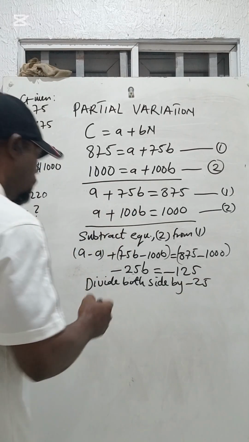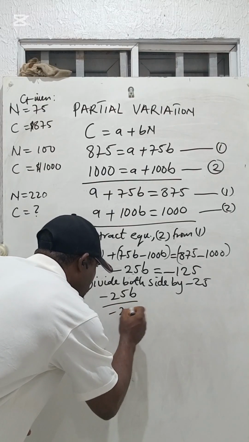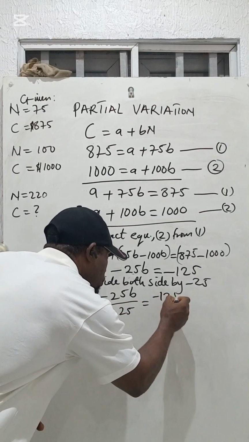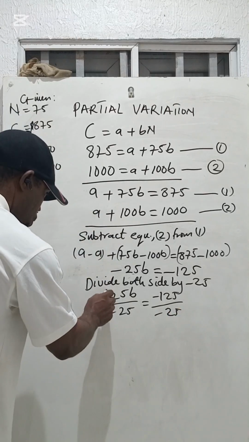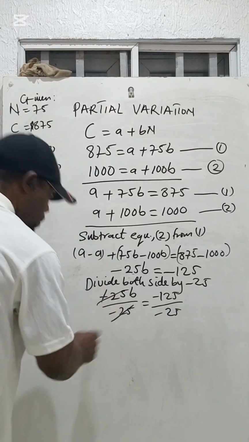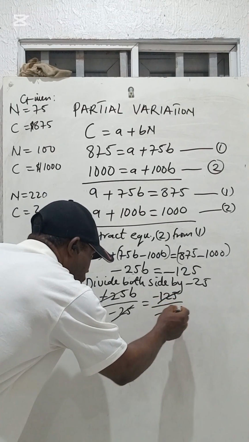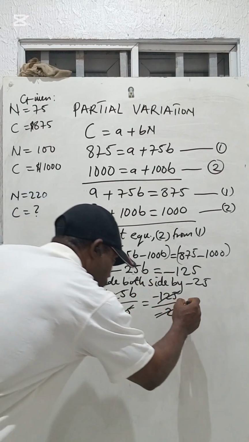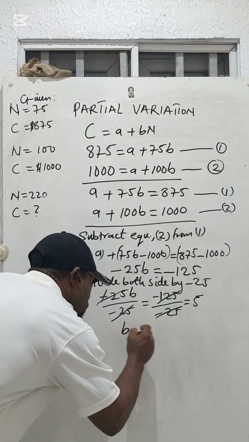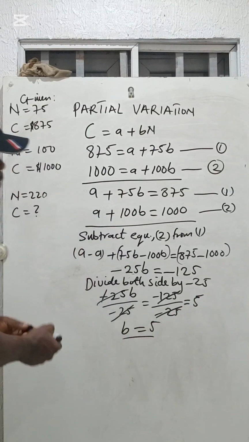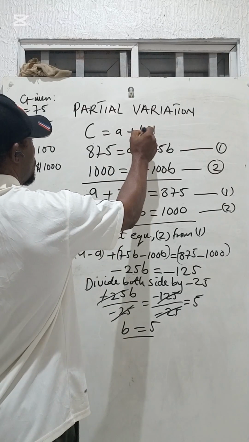This becomes minus 25B all over minus 25 is equal to minus 125 all over minus 25. Minus 25 will cancel out minus 25. Minus 125 divided by minus 25 is equal to 5. Therefore, the value of B is 5. So now I have the value of this constant B.